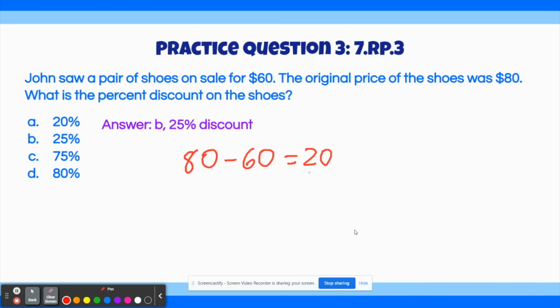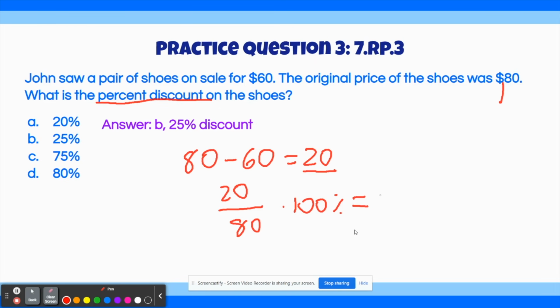So this is only how much money the discount was and not how much percent like we're trying to find. So we can do 20 over the original price of 80 and multiply this by 100% because we're trying to find a percent to get what the final discount is.